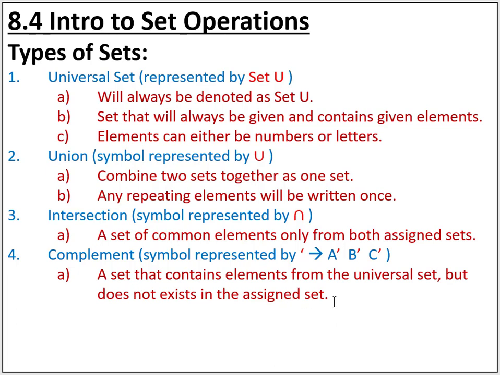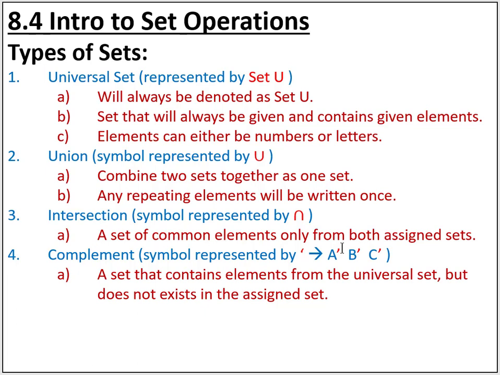So what I mean by does not exist in the assigned set is, if I'm looking for a complement, I'm going to look for elements from the universal set, but I'm not going to look for the ones that already exist in set A. So to repeat, set A and set A complement are two different sets, which I will cover in the examples that you will see later on.